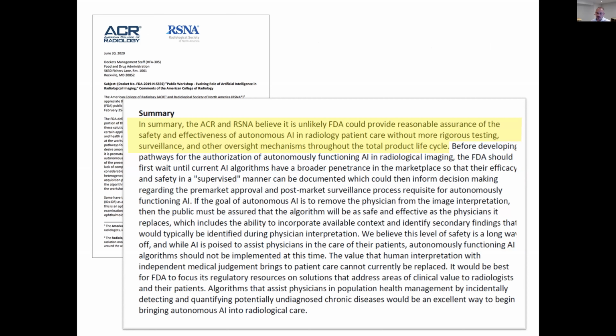The first statement of their summary is quite interesting: in summary, the ACR and RSNA believe it is unlikely the FDA could provide reasonable assurance of the safety and effectiveness of autonomous AI in radiology patient care without more rigorous testing, surveillance, and other oversight mechanisms throughout the total product life cycle. So unfortunately, the regulatory bodies and agencies could do better.